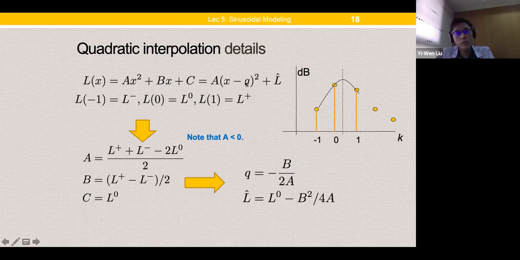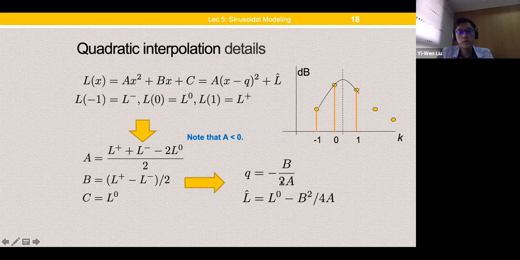So when you factorize and calculate a, b, c, which are given by the formula, you can check that. I've made the derivation for you. You see that q is the shift: q is the location of the estimated peak relative to the frequency of the local maximum. So you have a shift of minus b divided by 2a.